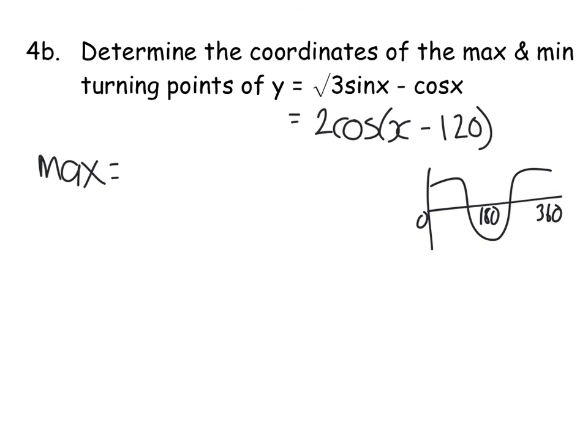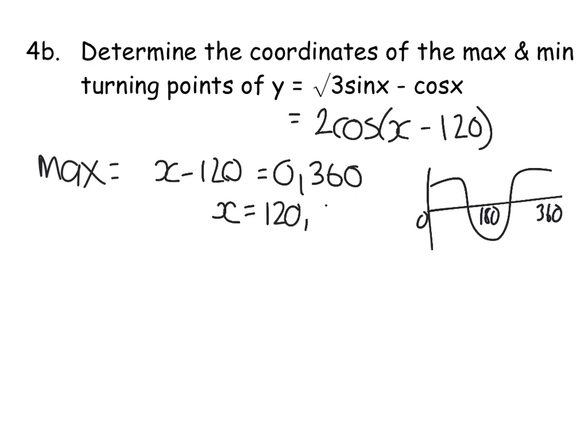So my maximum should have been at 0 and 360, but we've got x minus 120. So you do x minus 120 equals 0 and 360. Move the 120 over, so you get 120, and then you get 480, but that's too big because we're only looking at between 0 and 360. So our maximum turning point is along to 120 up to the height of the amplitude, which was 2 this time, because the k was 2.